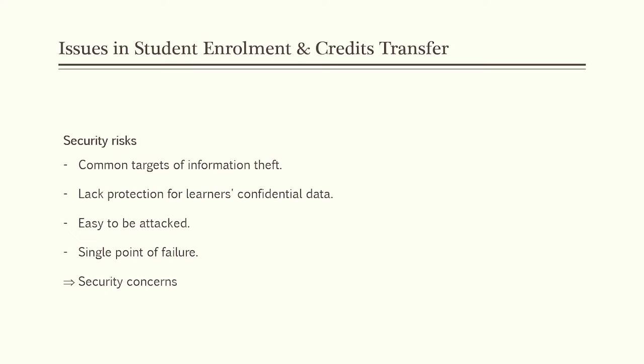It is believed to lack protection for learners' confidential data and is easy to attack. The single point of failure risk is also high in the current system because they use a central database where the data is stored in one single place, which can be compromised by attackers.